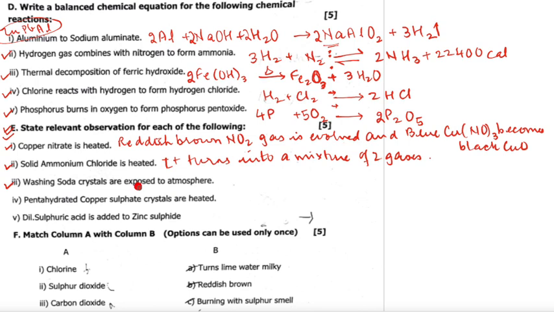Washing soda crystals are exposed in atmosphere. Now if they are exposed to atmosphere, what will happen to washing soda? It is an efflorescent substance, so it's going to lose water of crystallization, and so the washing soda crystal will be coated with anhydrous sodium carbonate.